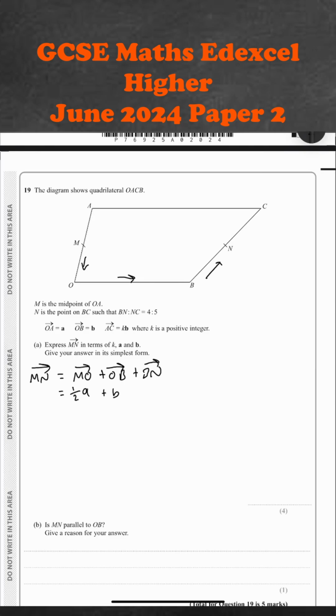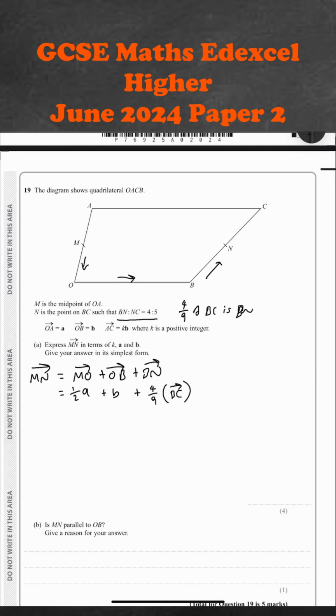OB is B, we're told that. BN's a difficult one. We've got this, so 4/9 of BC is BN, and then 5/9 is NC. So we're going to say this is 4/9 of BC, but what's BC?